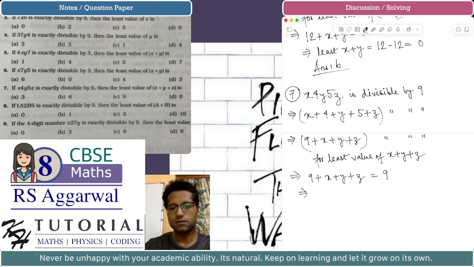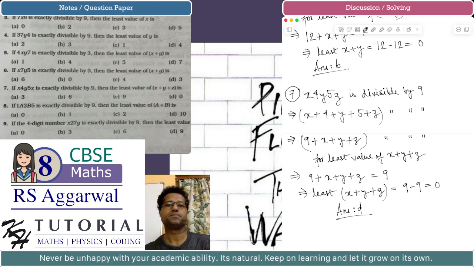So the least value of x plus y plus z will be equal to 9 minus 9, which is 0. So the correct choice is D. D is the correct choice.